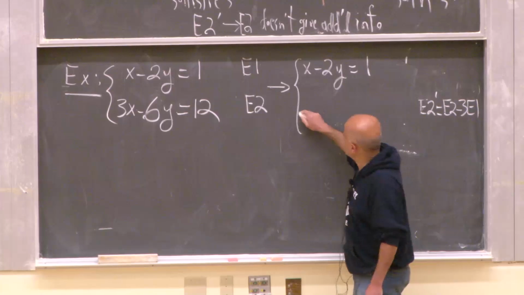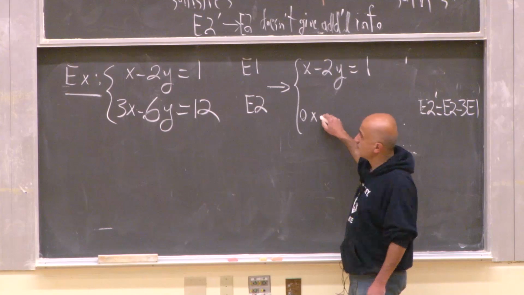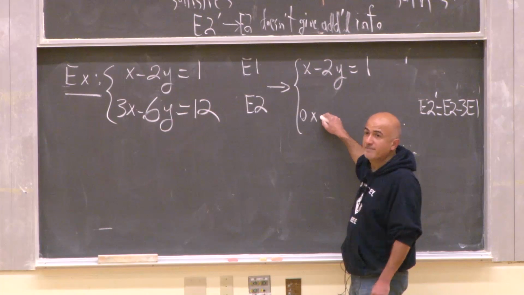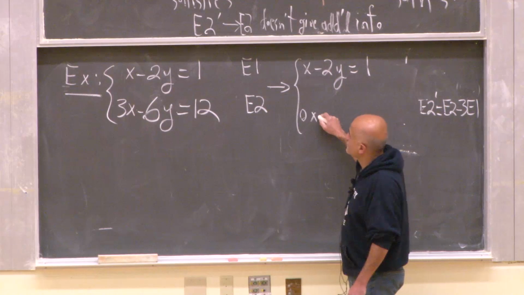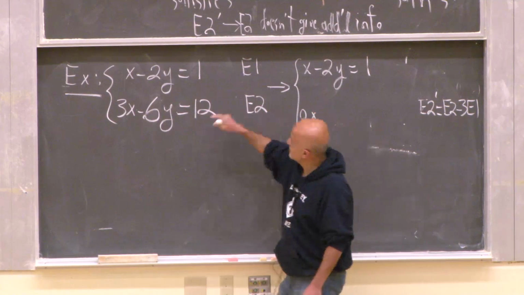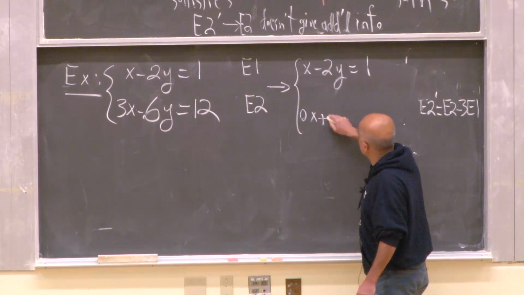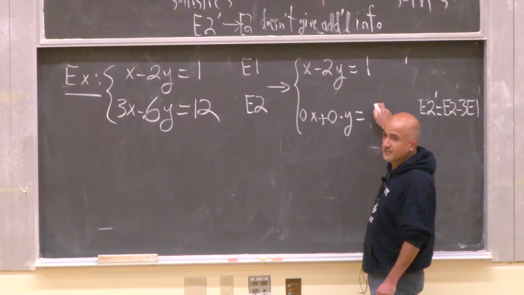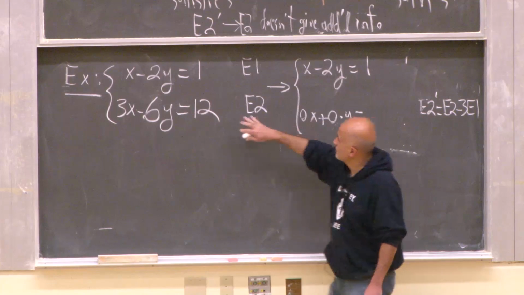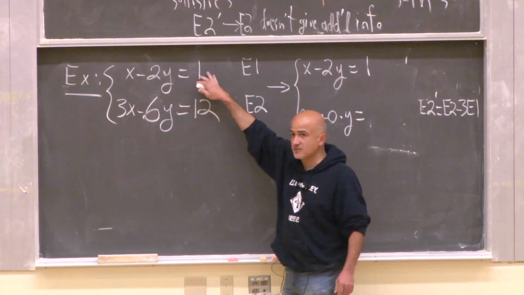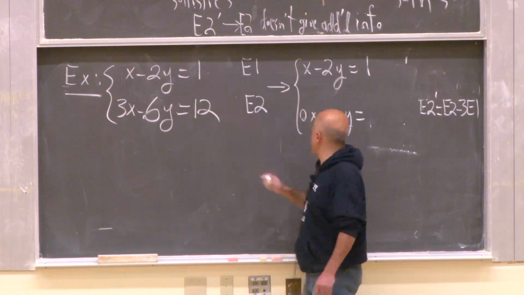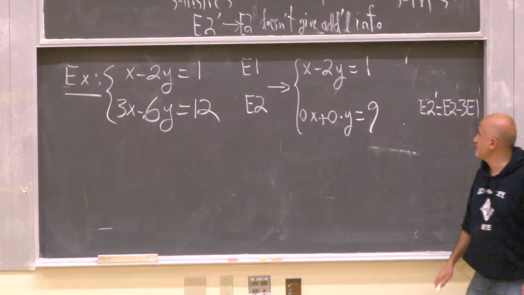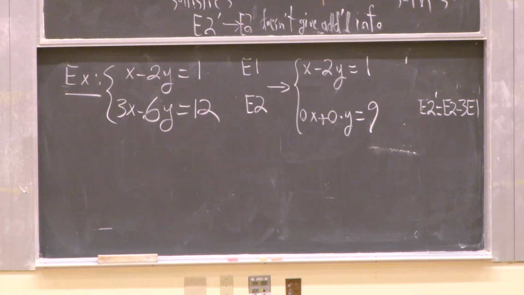Okay? So you get 0x. And then it gives negative 6y minus 6y. Right? It's just 0y. 0y equals... 12 minus 3. 9. Okay. What can you tell me about the second equation now, Shoba?